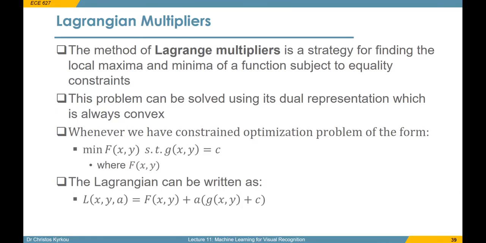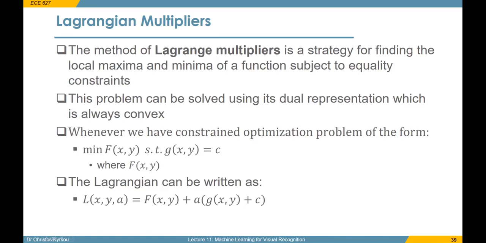Basically, it says that if we have a problem of the form minimizing f(x, y) subject to some constraint g equals some value, then the Lagrangian can be written as follows: f plus a weight a times g, which is our constraint, so we add the equality constraint.